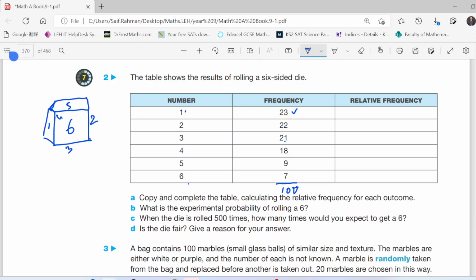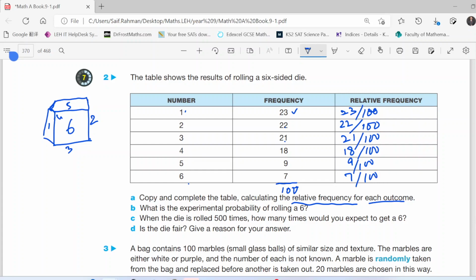So copy and complete the table calculating the relative frequency for each outcome. For the outcome of number 1, it is 23 out of 100, and for 2 it's 22 out of 100, for 3 it's 21 out of 100, for 4 it's 18 out of 100, for 5 it's 9 out of 100, and for 6 it's 7 out of 100.